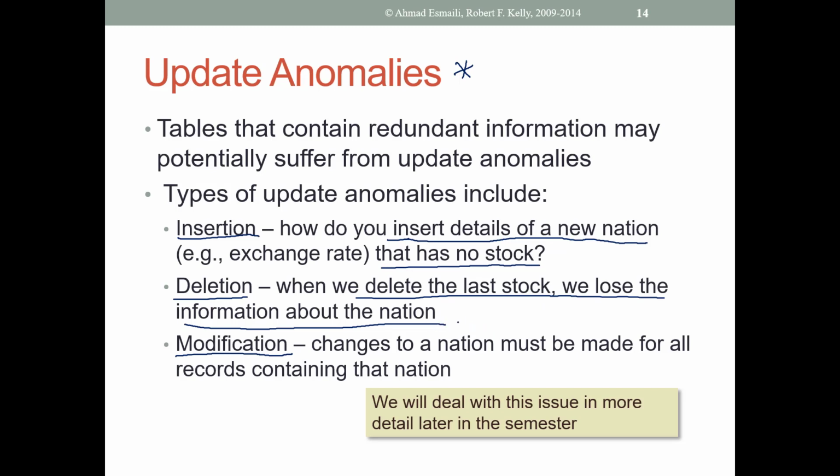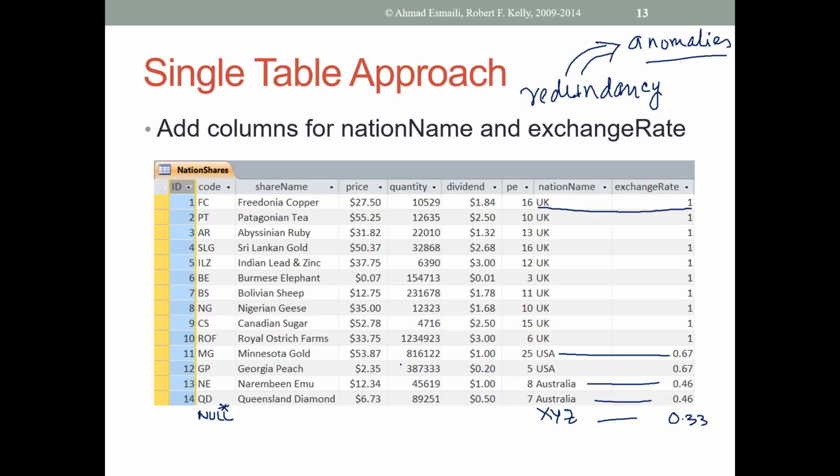And what is modification anomaly? Modification anomaly says that if you make a change to a nation, then that change must be made for all the records containing that nation. Let me explain that right here. Assume that the exchange rate of UK changed to 0.9.